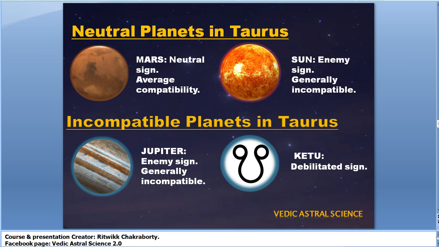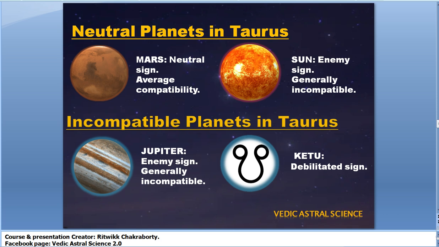So those significations or karakattvas may suffer due to the placement of Ketu in sign Taurus. Ketu basically detaches us from the significations or karakattvas of the signs or houses wherever he is placed in the birth chart. So that is why Ketu should be considered generally incompatible.